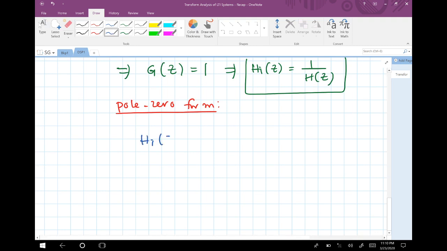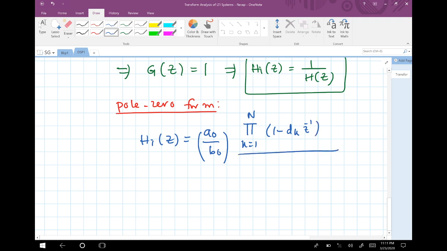So HI of Z would look like A naught by B naught, and in the numerator, product over k varying from 1 to n of 1 minus d_k z to the power minus 1, divided by, in the denominator, product over k varying from 1 to m of 1 minus c_k z to the power minus 1.